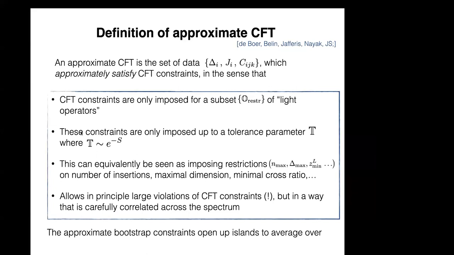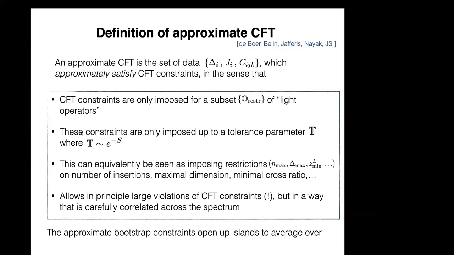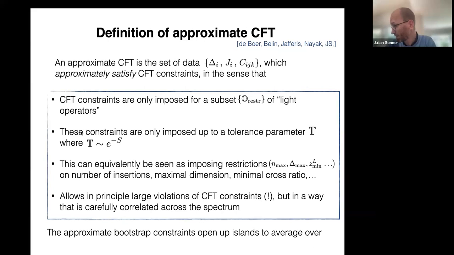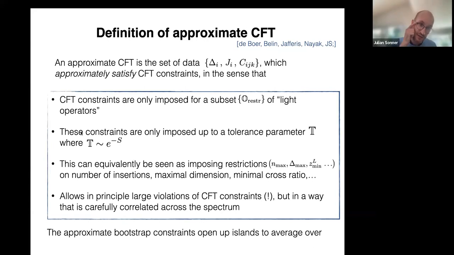It's like 1 over G Newton, for example. Has to do with the central charge or something of the system. Well, no, I would say it's a property of the theory. So for example, in CFT4 AdS5, it would be e to the minus N, where N is the rank of the gauge group. So think of it as e to the minus 1 over G Newton in a holographic CFT.